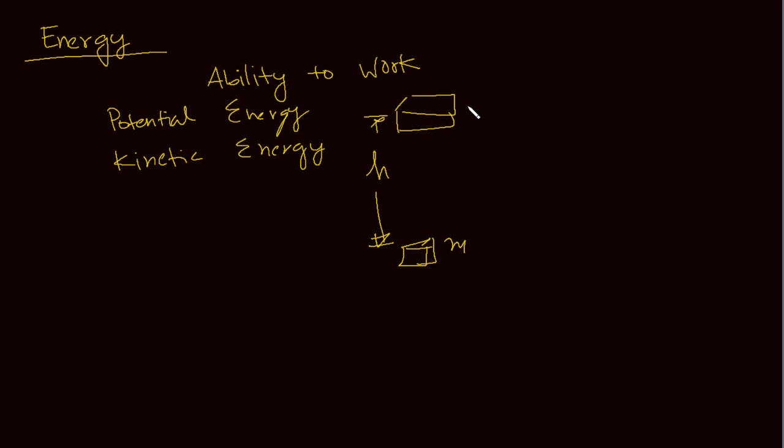At this point, the potential energy is mgh, and if the block is moving with a velocity v, the kinetic energy is half mv square.